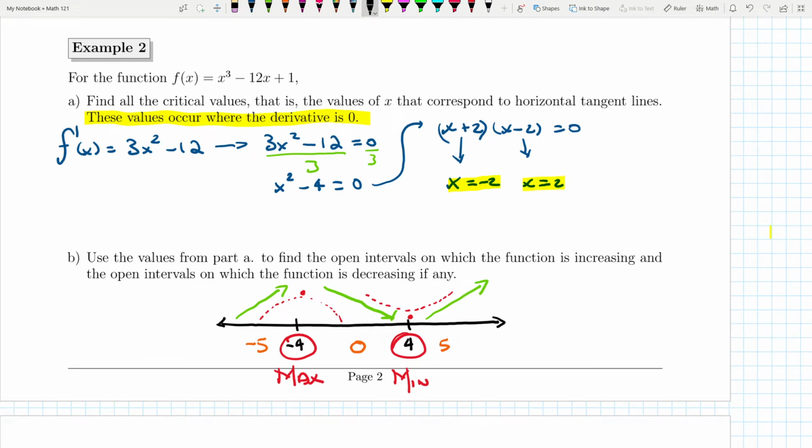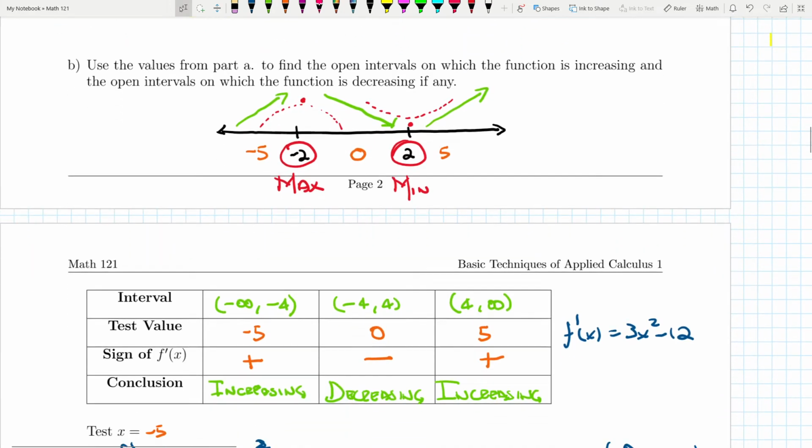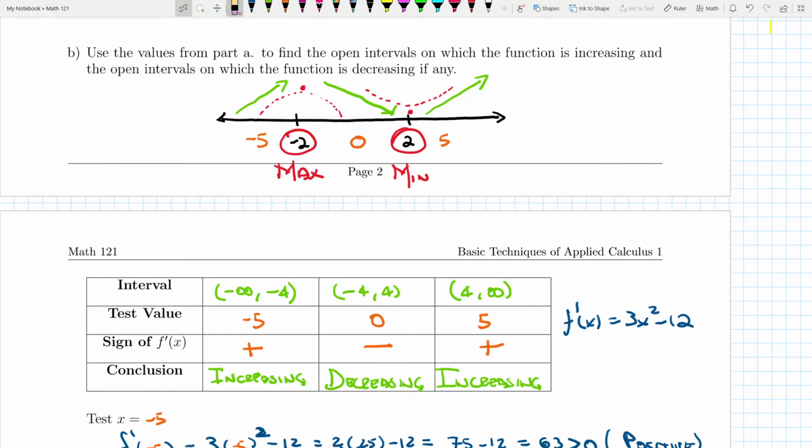Nevertheless, that's not going to change over here, because you will see what's going to happen. So this is still going to be a -2 and then +2. And the test values are still within the intervals of testing, so that's still going to be fine.